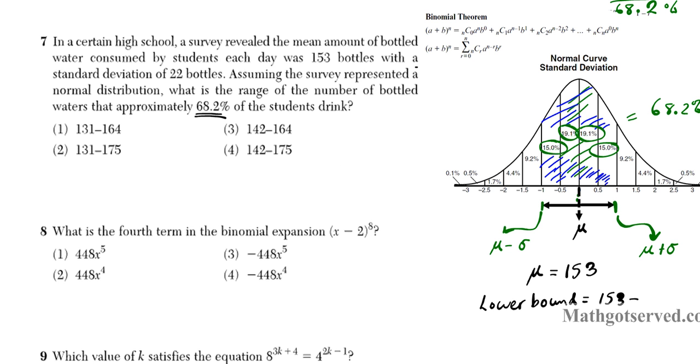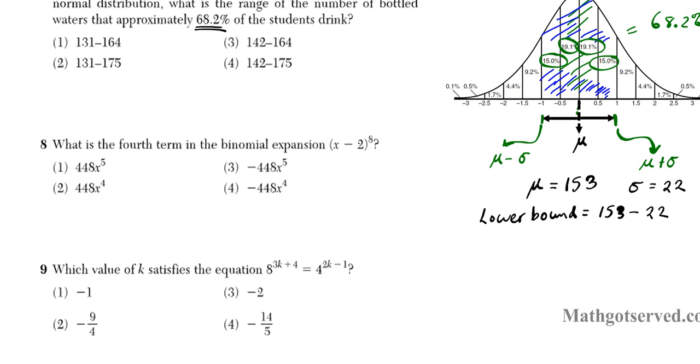What is one standard deviation? We're told that it is 22. So the lower bound is 153 minus 22, which is 131, if you do the arithmetic.